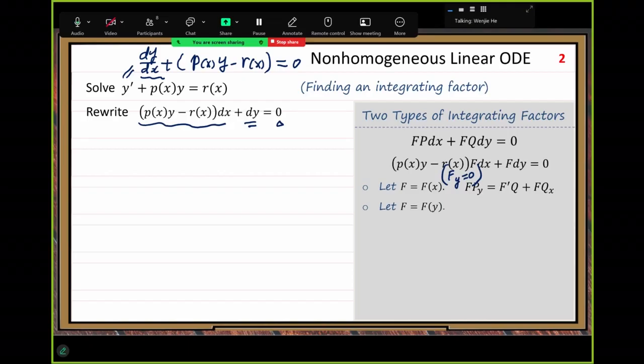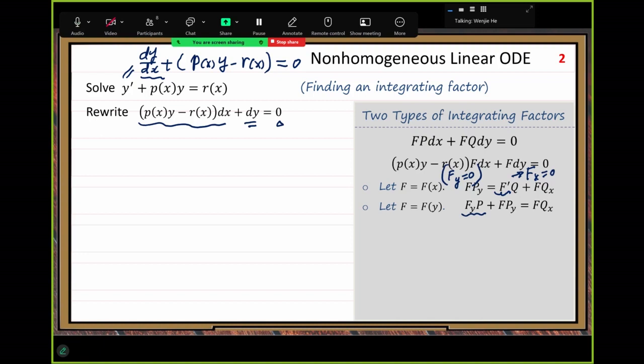When f is a function of y, then f sub x equals 0. This term corresponds to f sub x equals 0. But f sub y is not equal to 0, so we need to keep that term.